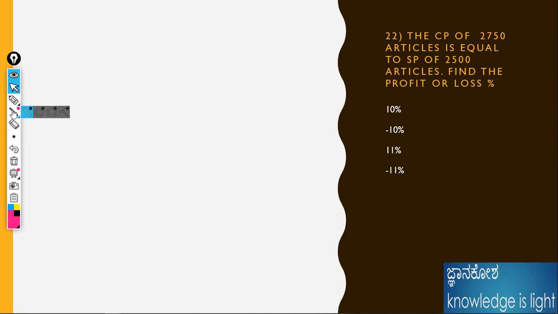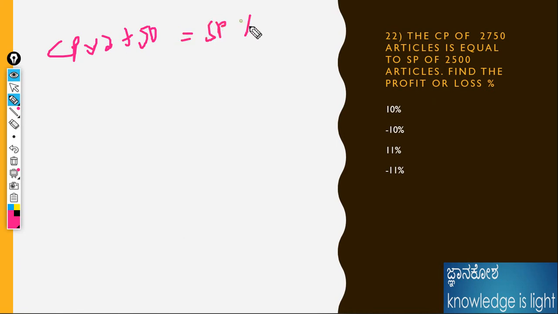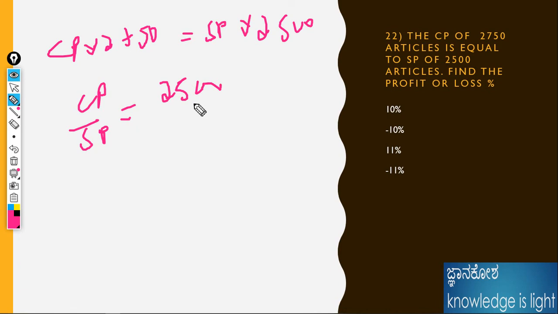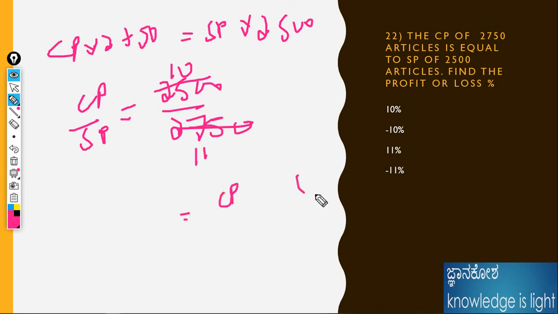Here, CP into 2750 is equal to SP into 2500, then CP by SP is equal to 2500 divided by 2750, which is 10 is to 11. CP:SP is 10 is to 11.